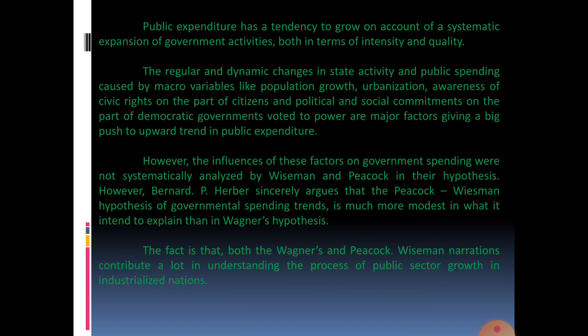Public expenditure has a tendency to grow on account of the systematic expansion of government activities, both in terms of intensity and quality. The regular and dynamic changes in state activity and public spending, caused by macro variables like population growth, urbanization, awareness of civic rights on the part of citizens, and political and social commitments on the part of democratic governments voted to power, are major factors giving a big push to the upward trend in public expenditure.